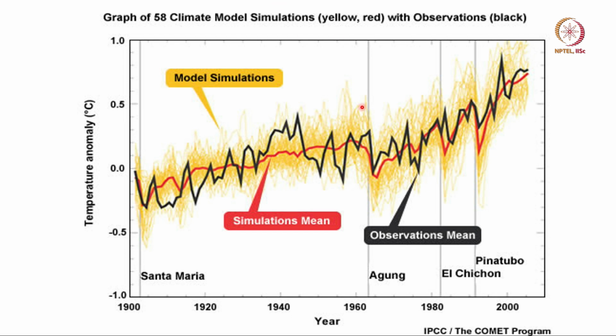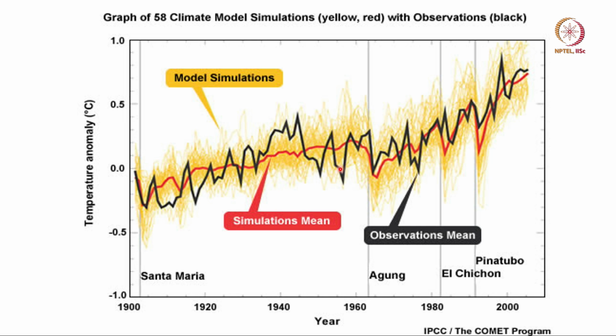Now, to give you an example of how people have done, many models are run for the last 100 years, and there are about 58 climate model simulations for the last 100 years, and these small yellow lines are many simulations of each model. Then the average of those is the red line called the ensemble mean of all the simulations, and the black is the observed global mean temperature.